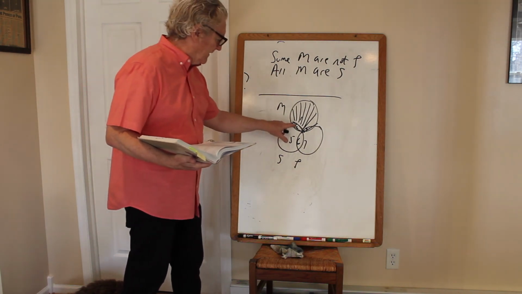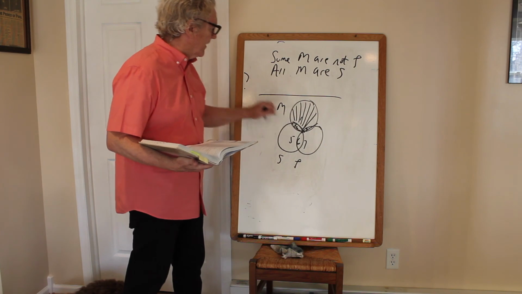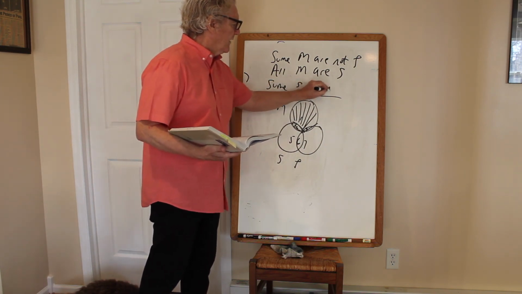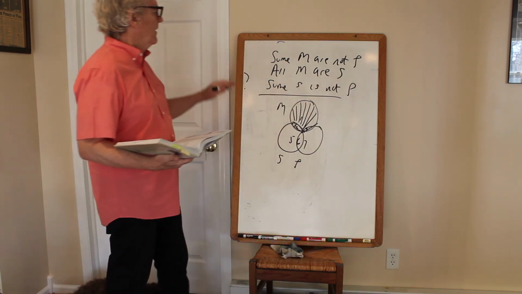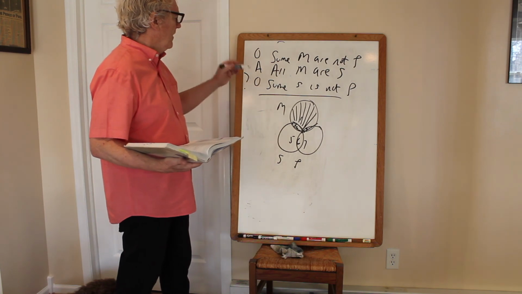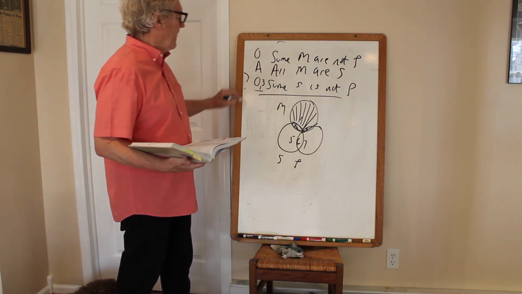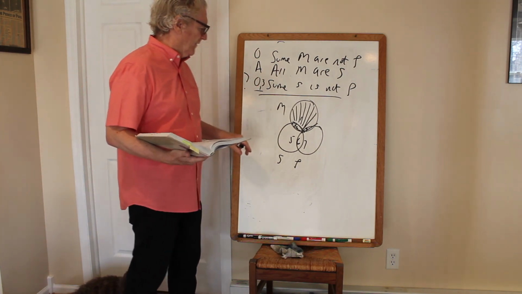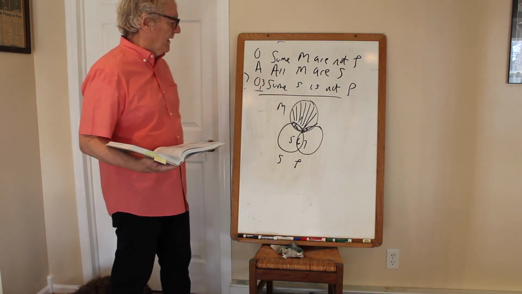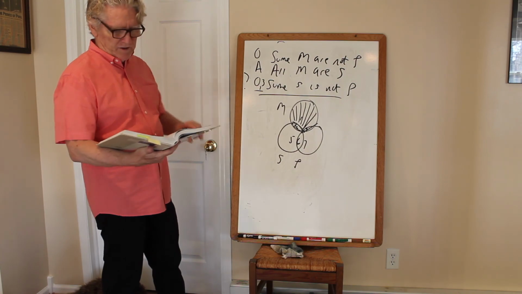We can say that anything that's in that region 2 is also outside of P, so some S is not P. So in this case, O, A, O, figure 3 happens to be a valid argument. You showed it with a Venn diagram, to say there's at least one S that's not a P. Okay, so that's number 4.